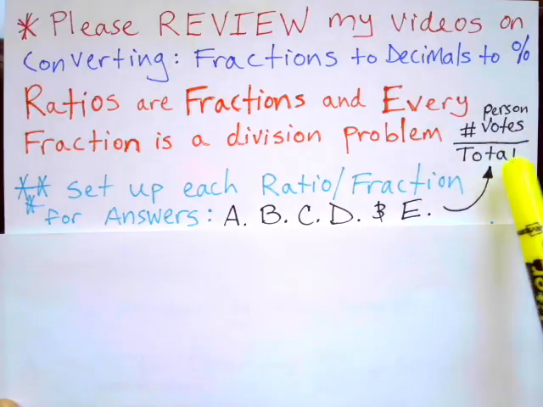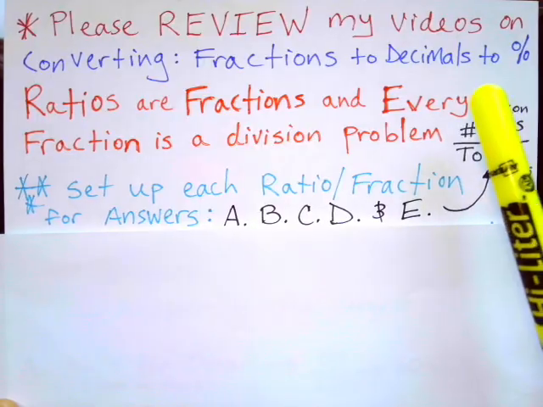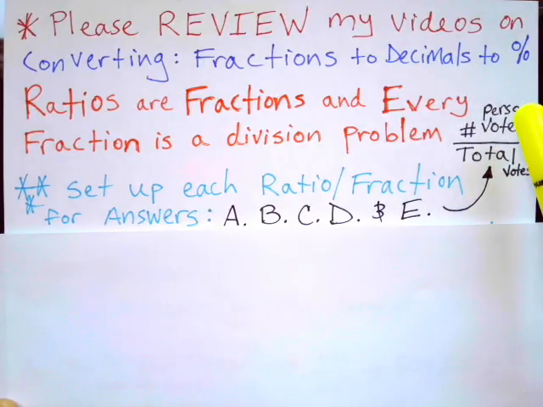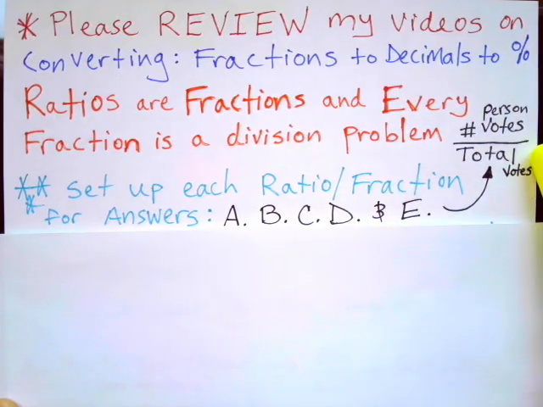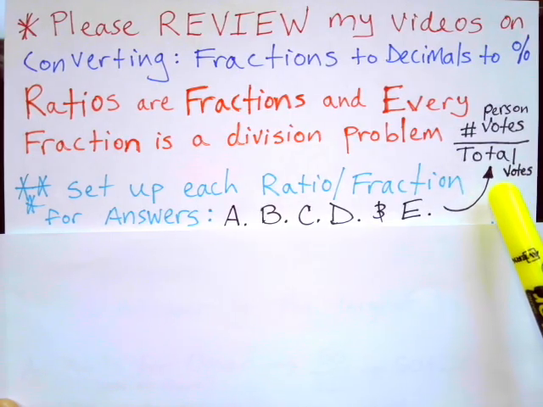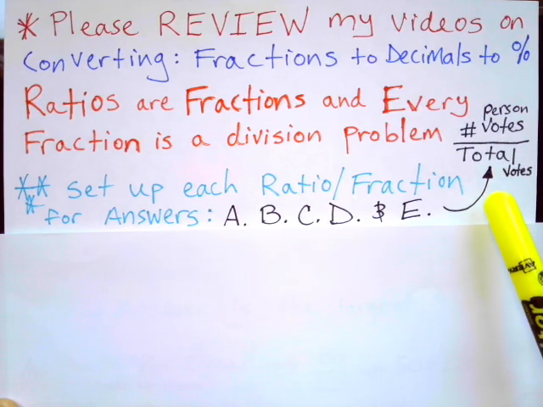So the ratio or the fractions we're going to create based upon part one's data table are the person's number of votes as the numerator, that's the top part of the fraction, over the total votes for boys or girls, depending on what we're being asked, questions A, B, C, D, and E. And if you recall, we're trying to find which option is true.